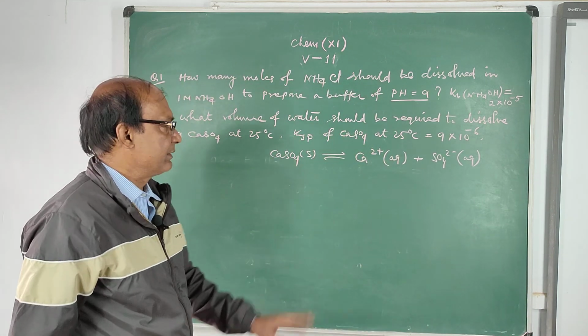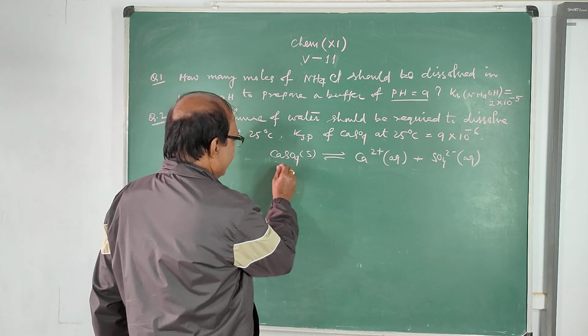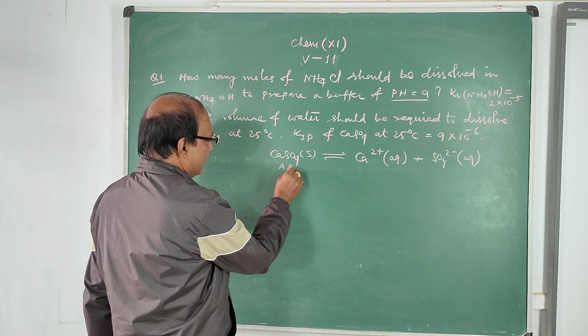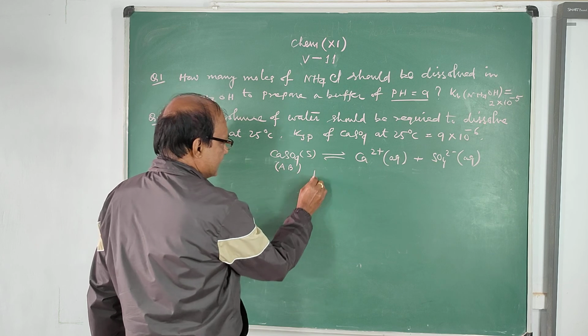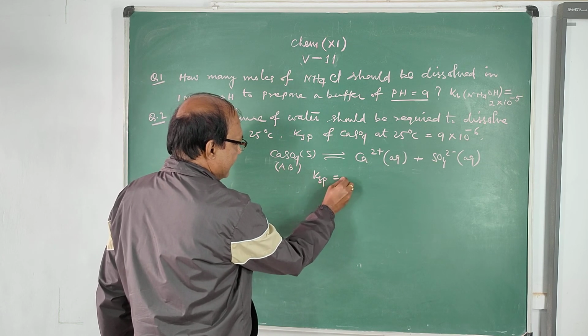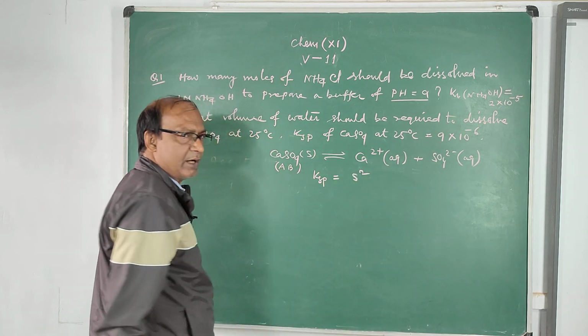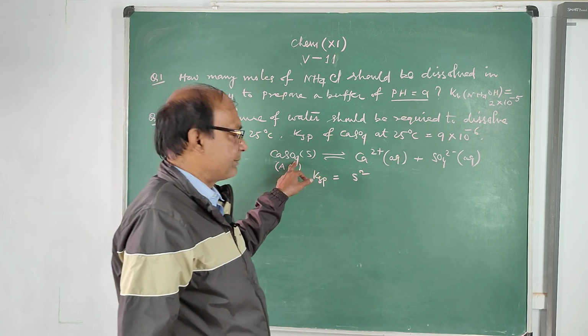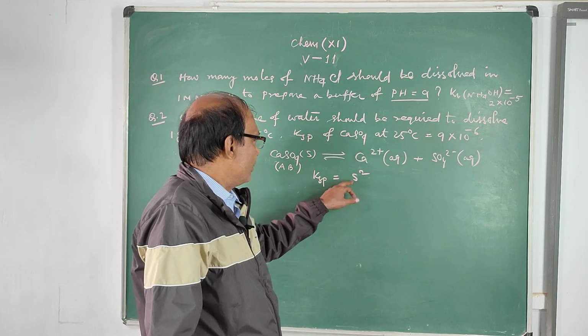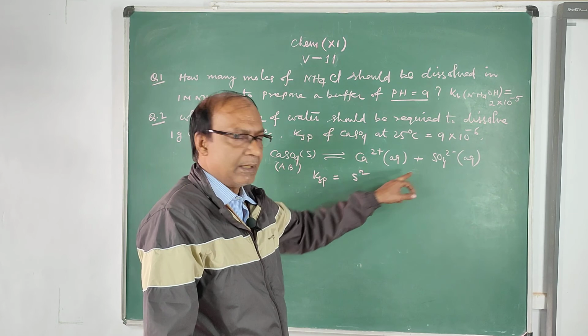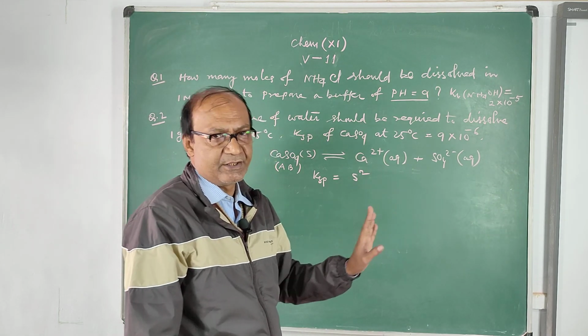Solubility is so low. Therefore, the relation of KSP and S will be KSP equals S square, because the solubility of calcium sulfate is S, so S into S, therefore KSP equals S square.